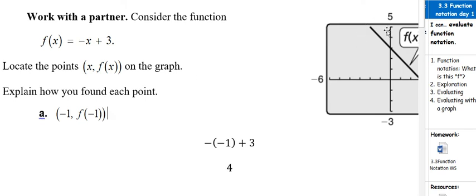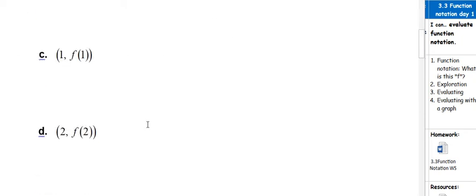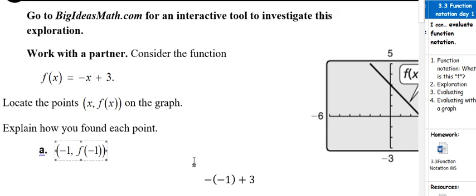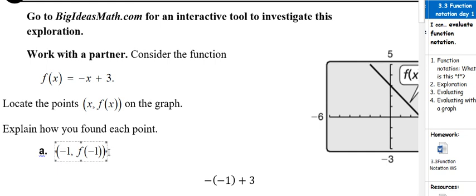The other way we can do that is by looking at the graph. Say, well, negative 1, that's my x value. Up, 1, 2, 3, 4. Oh, so it's right there at 4 on my y. Because this f of x, remember, secretly is just y. So on a graph, if it's looking for the f of x value, it just means the y value, 4.